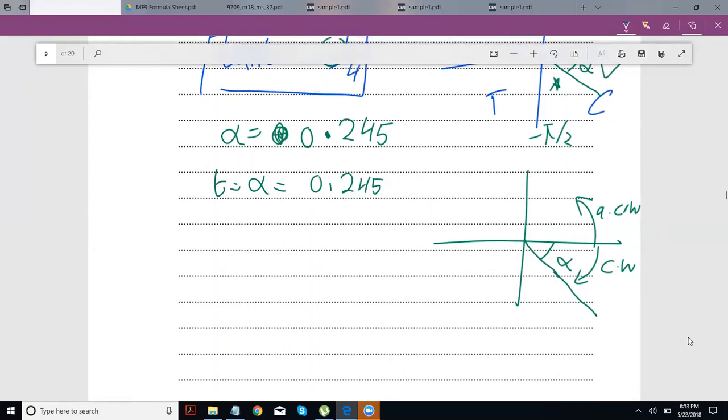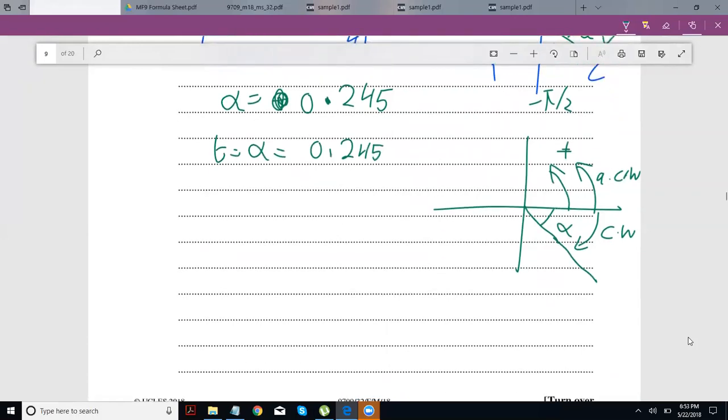However, one thing to note: anti-clockwise is denoted by a positive angle, and clockwise is denoted by a negative angle, just to signify the direction of your rotation. This is going to be negative 0.245. That is your value of t.